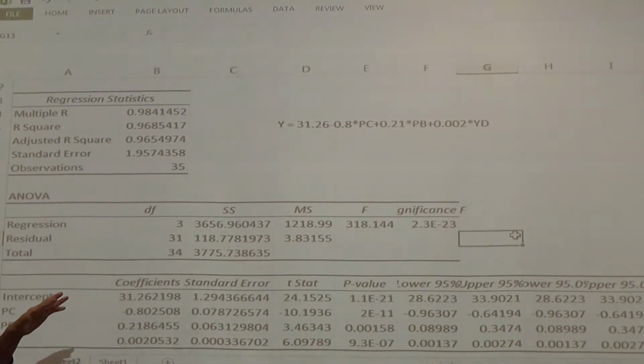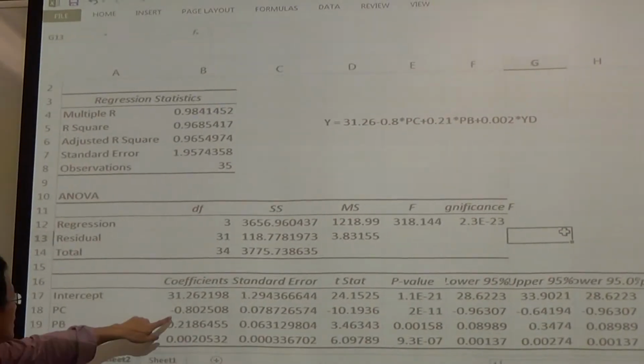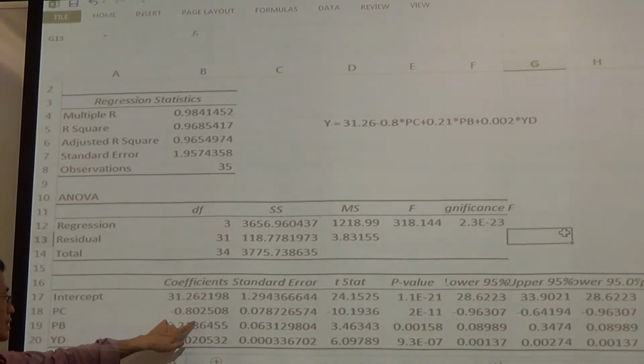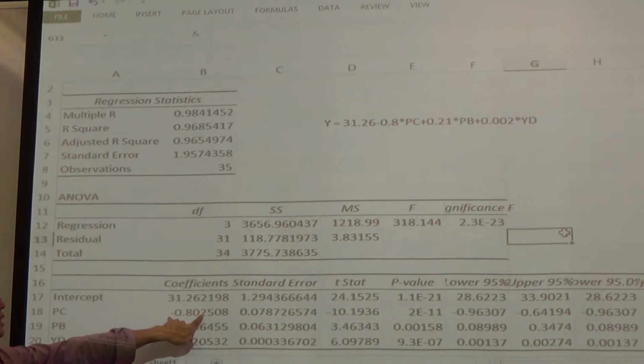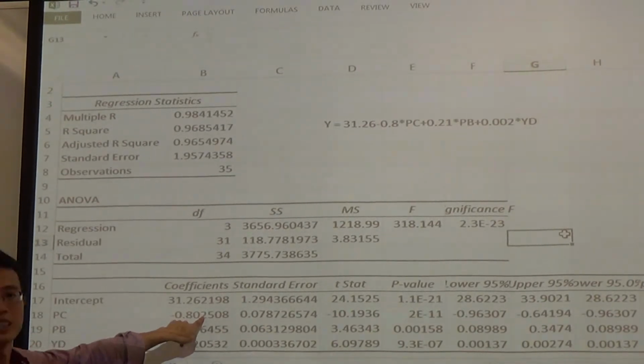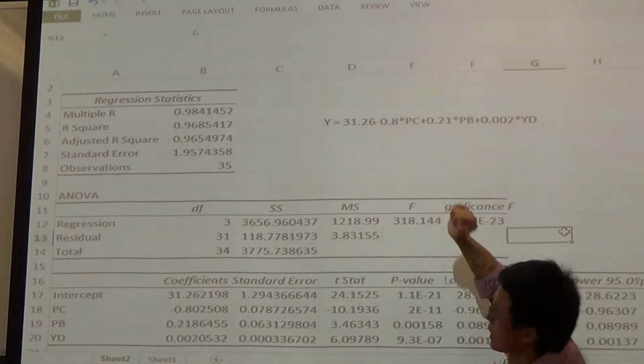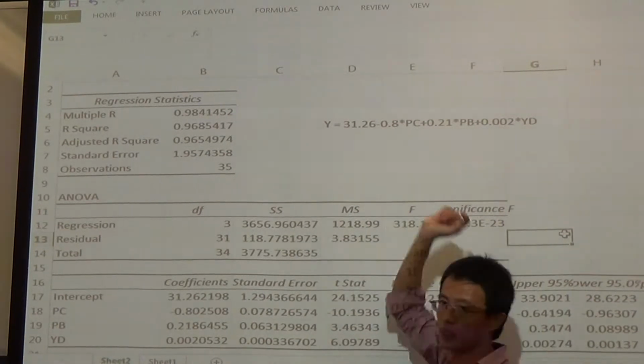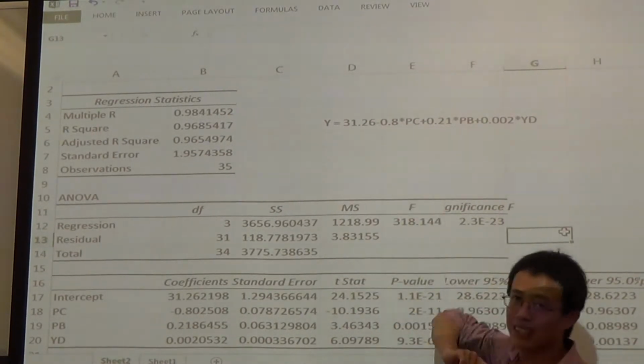Economic theory tells us that when price increases, demand decreases. That means the coefficient needs to be negative. So indeed it's negative. So price of chicken increases, demand for chicken decreases. So this indeed makes sense.